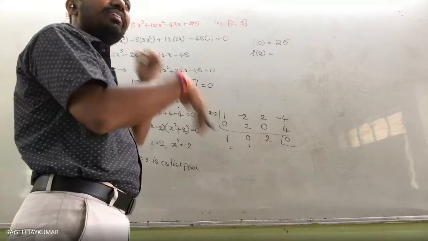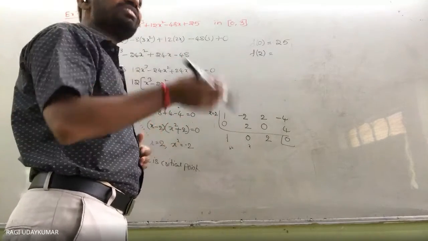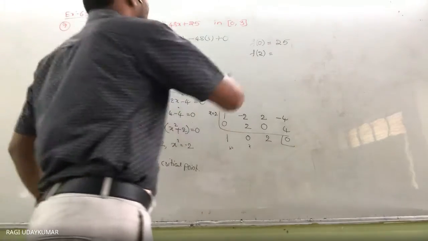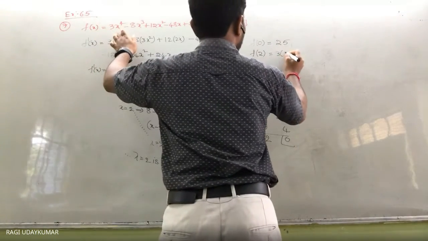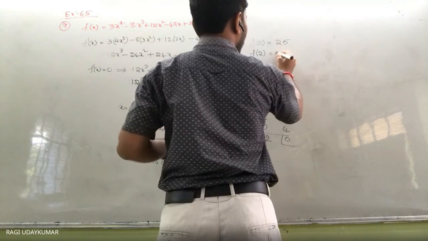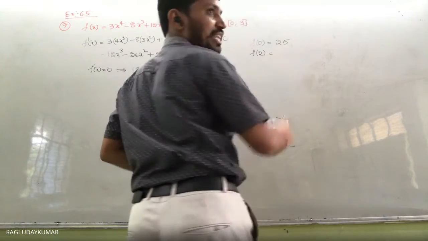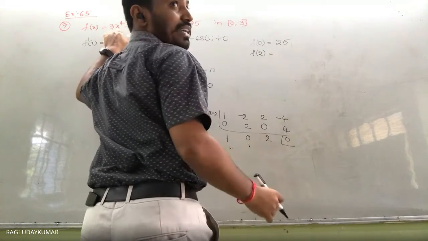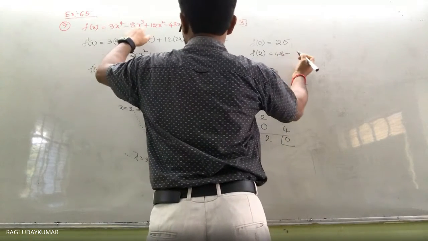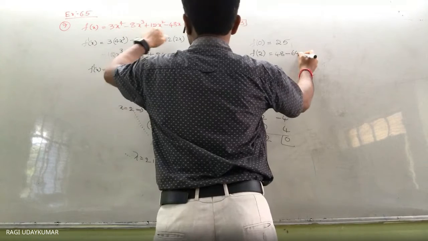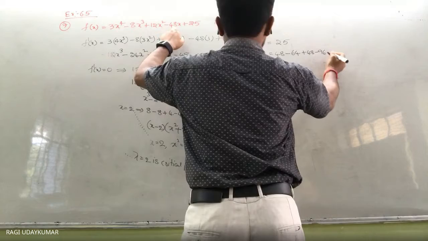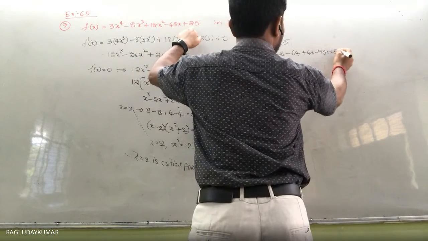Which is the minimum you are going to get, that is the minimum value. Now function ka in that range, in that interval. So f of 2 is nothing but 3 into 2 power 4 minus 8 into 2 cube. Directly I am writing here 16. ये 16 है ना, 2 ले लिया 16, 3 are 48, minus 8 8 are 64, 12 4 are 48, minus 96 plus 25.